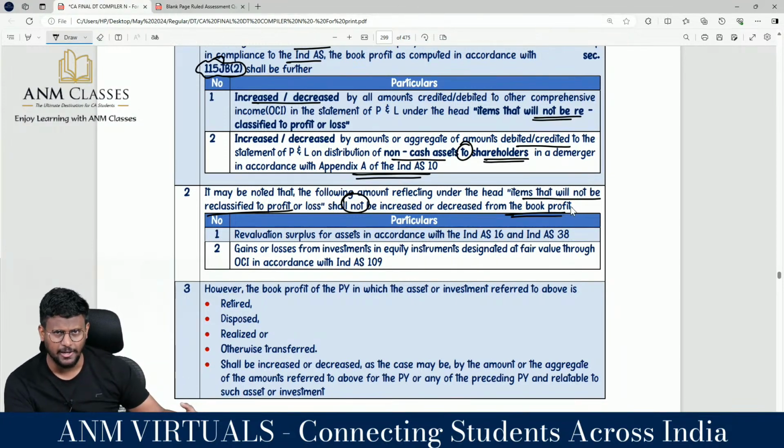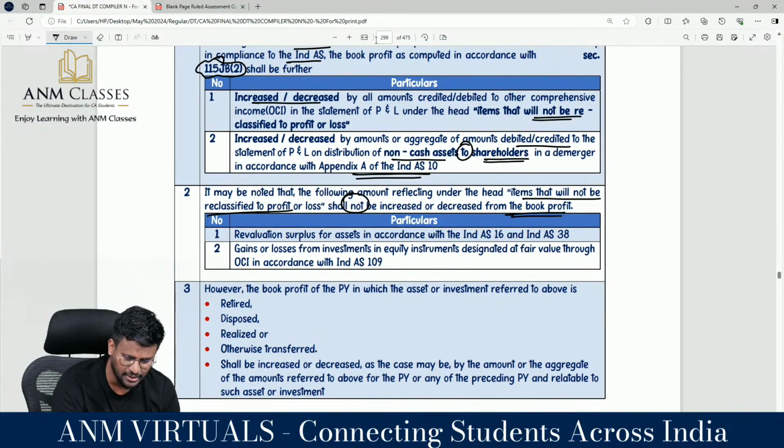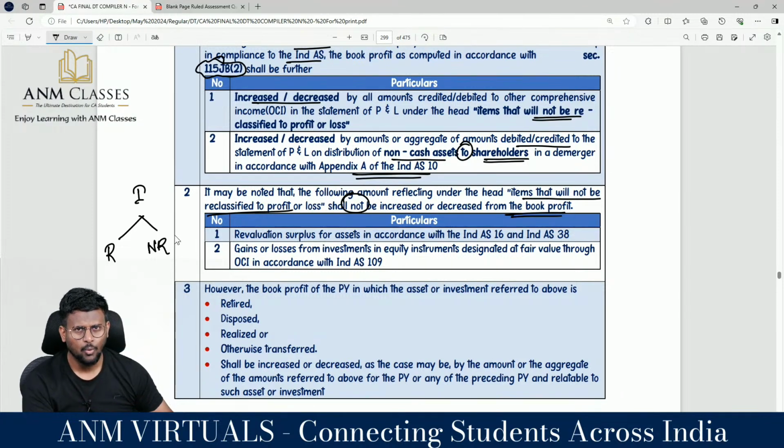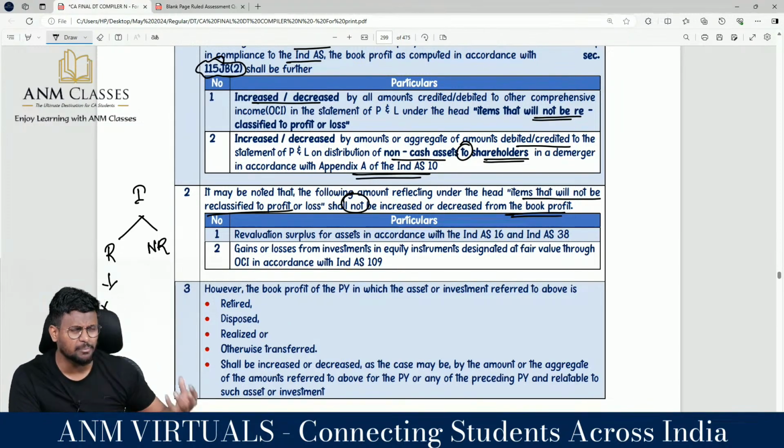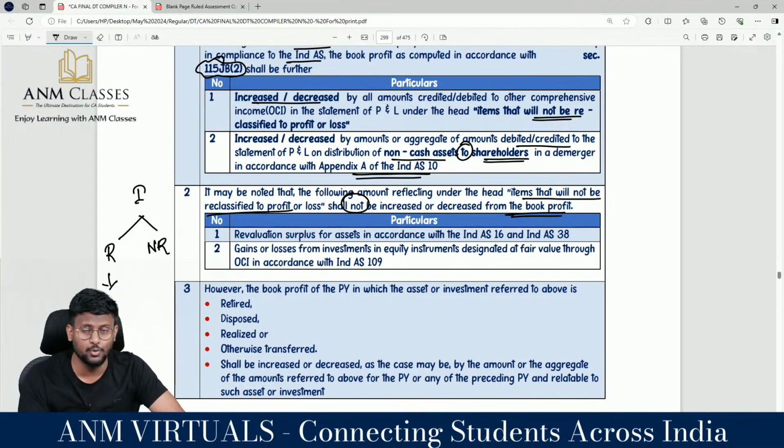So what is our understanding? Items are classified into two categories: items reclassified to P&L and items not to be reclassified to P&L, right? What is the rule? Any item which is reclassified to P&L, don't adjust it. Why? Because anyway it will form part of the P&L account in future.